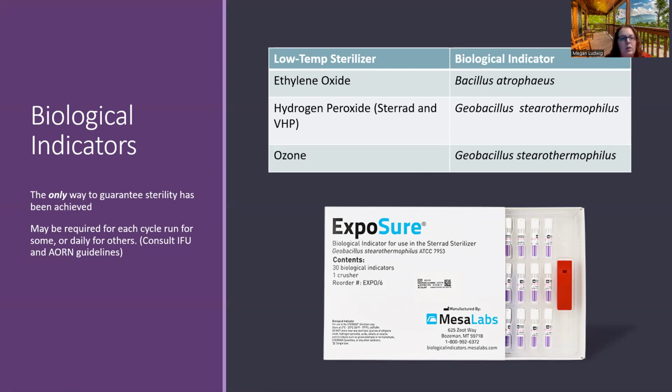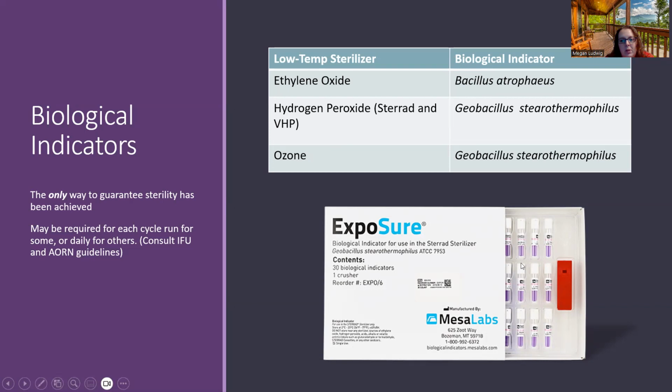It's the only way to guarantee sterility, not the chemical strip indicator that goes in the trays or whatever. Those just show that the conditions were met. So these get run, and it's going to depend on your IFU or AORN guidelines how often they get put in a load, okay? Sometimes it's every 24 hours. Sometimes it's with every load. So you just got to be sure.